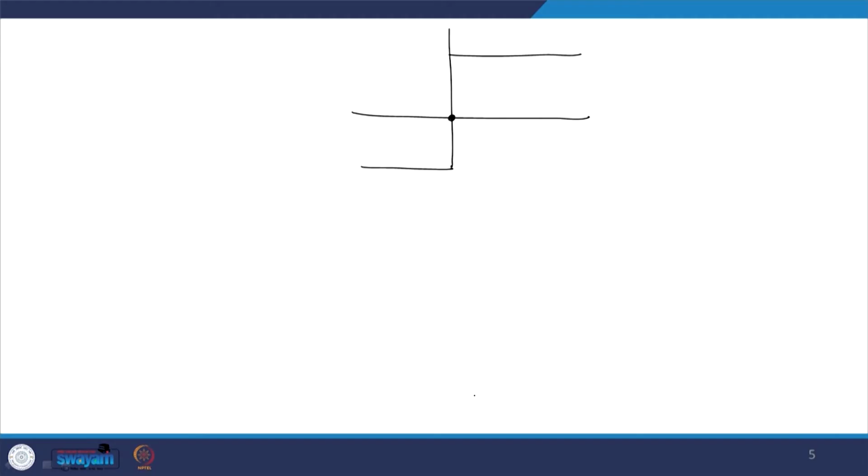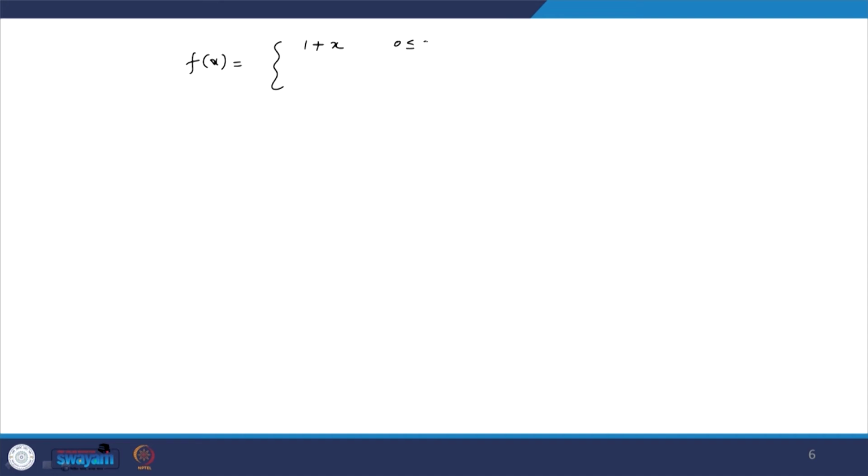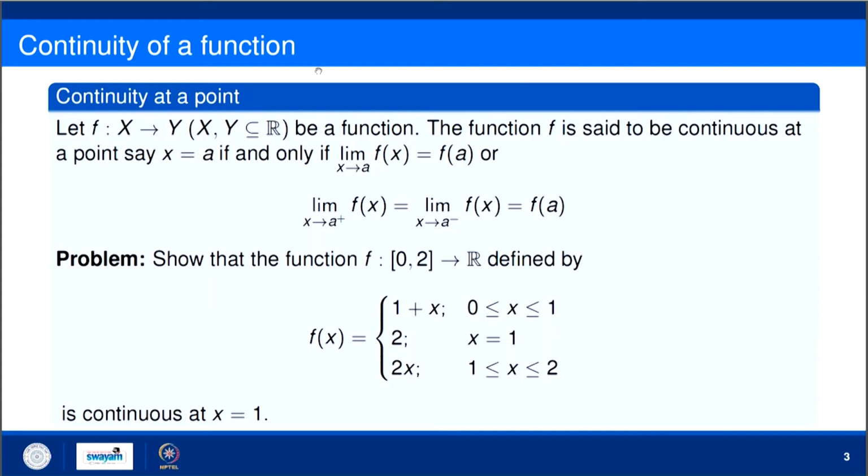So, how can we prove it? What is f x here? F x is 1 plus x when x is between 0 and 1. Okay, it is also 2, fine. So, the value at x equal to 1 comes from here itself. So, we do not need this expression in fact.